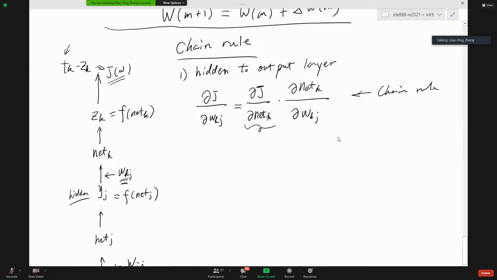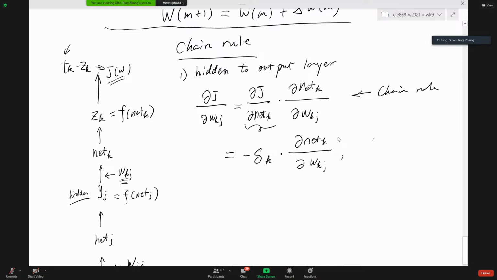We have a name for the first part; we call it delta, minus delta k times partial net k over partial w_kj.